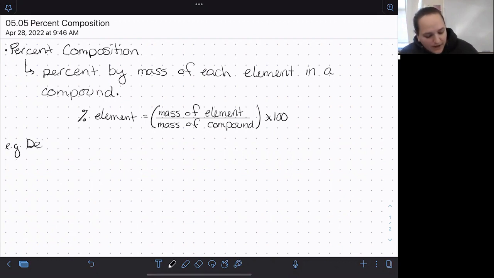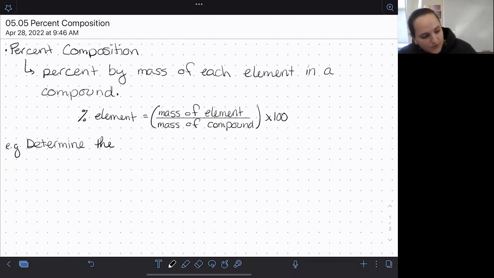One way that this type of data can be used is to match up. If you collect percent composition data in an experiment, you can match it up to other compounds and see, well, this is what I found the percent composition to be. This is based on the formula, what the percent composition of these different compounds is, and see which one matches to help you identify what something might be.